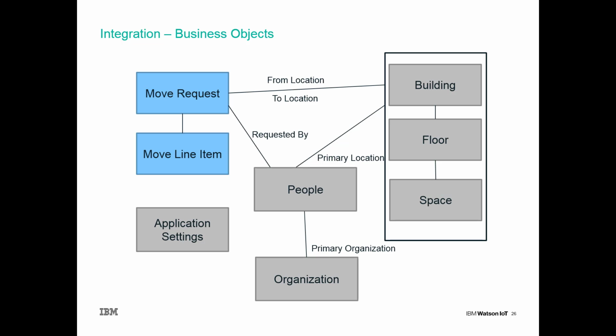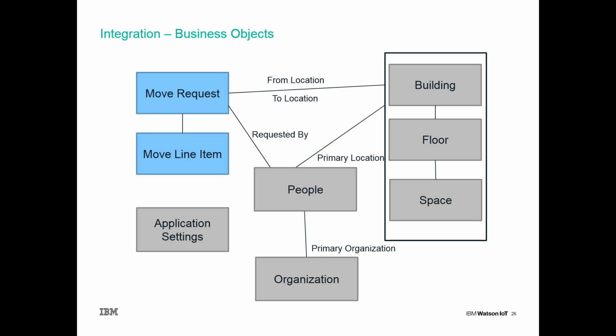Not always a space, but eventually the space will be populated, unless the system is configured not to allow the user to specify a space. The move request also has a person associated with it, the person who requested the move. There are associations between a person and the current building or location they're located in, and that information is used to populate the move request.